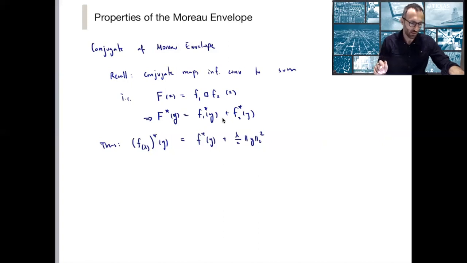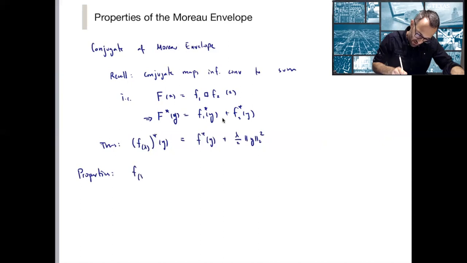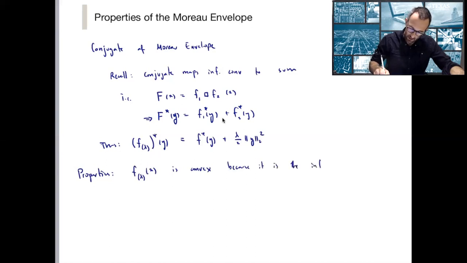So what are some properties? First, we can see immediately that f lambda of x is convex because it is the infimum over u of a function which I'll just write as f of x comma u.